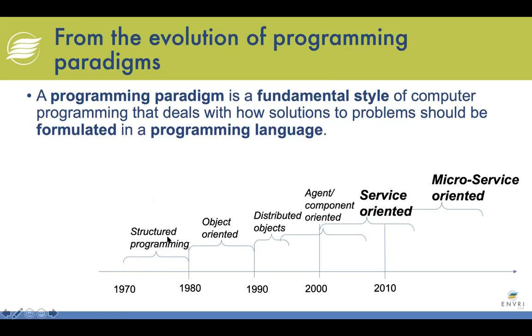At that time, different paradigms were invented, like structured programming. Then in the 1980s, we have object-oriented programming. Then in the 90s, people talked about distributed objects and using a framework like CORBA. And then the more fancy ones using agent or component-oriented modeling. We even tried to encapsulate more in the components, like even decisions.